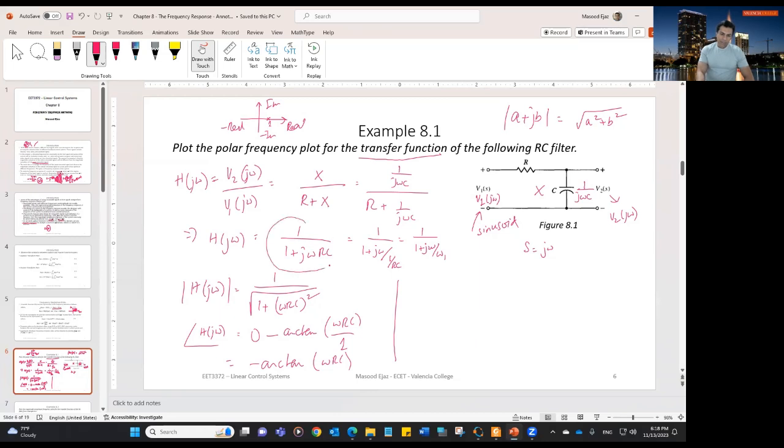What is the real part and imaginary part? If I want to represent this number as A plus jB, where A is my real part and B is my imaginary part, how am I going to do that?